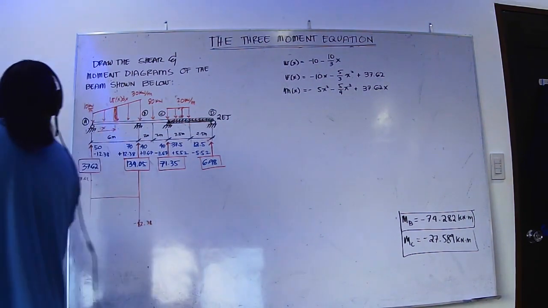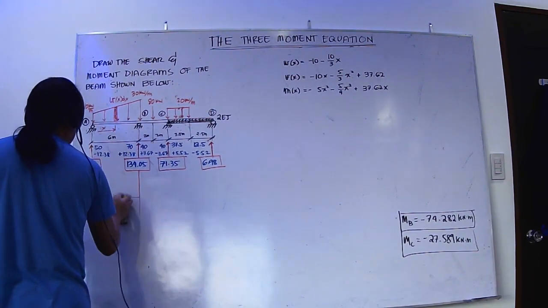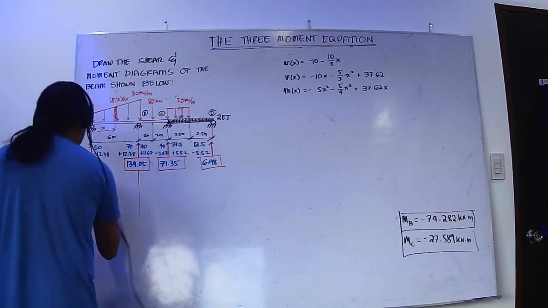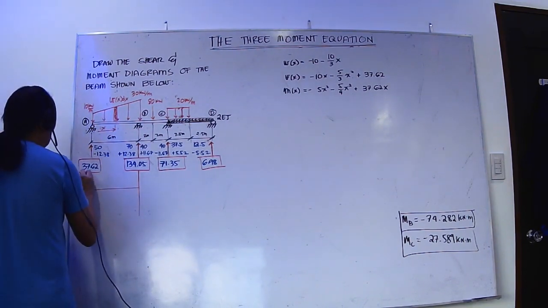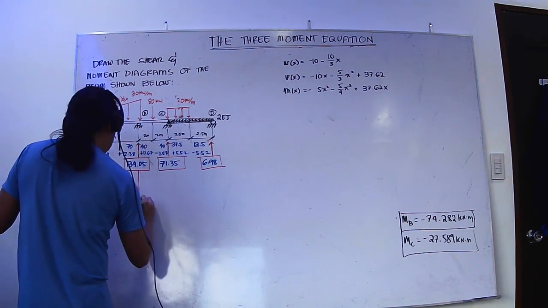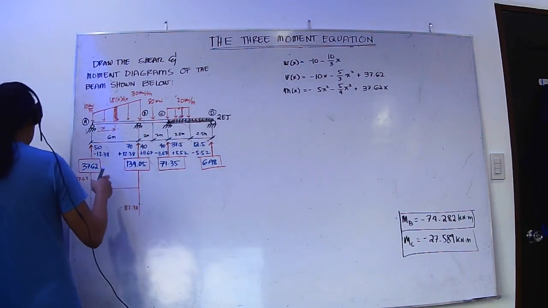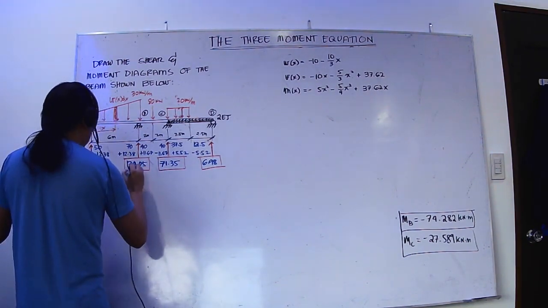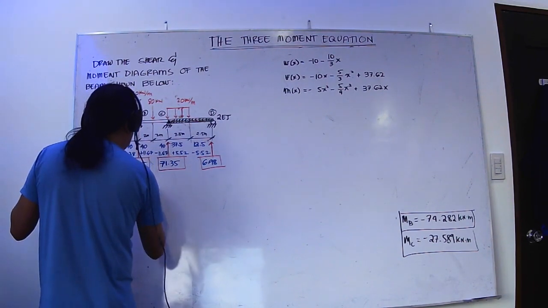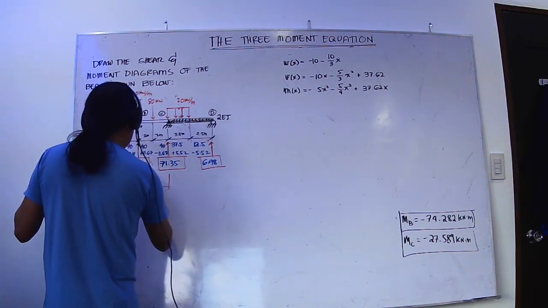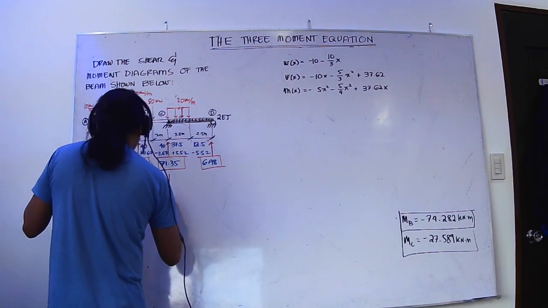Adjust it so the moment diagram comes out right. 37.62, then negative 82.38 plus 134, so this is 51.67. Minus 80, that is negative 28.33.